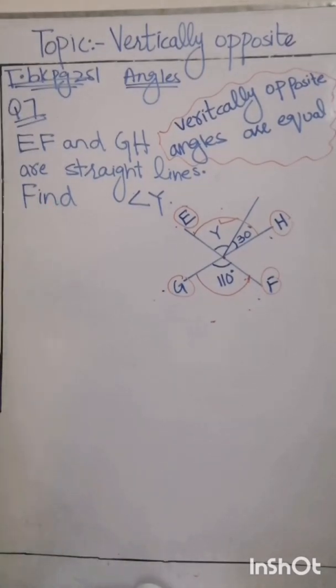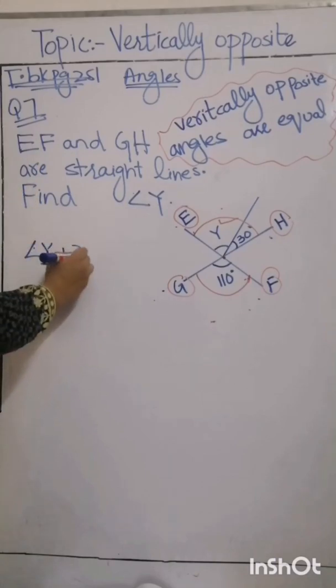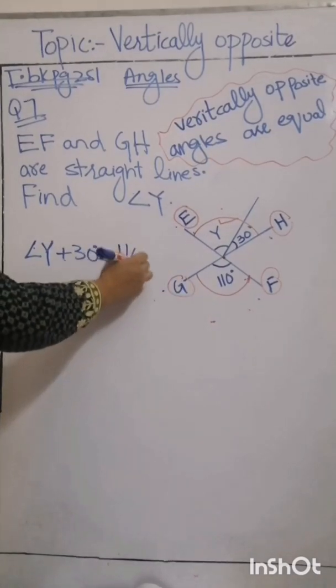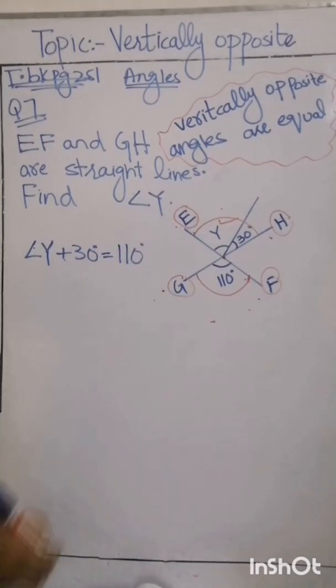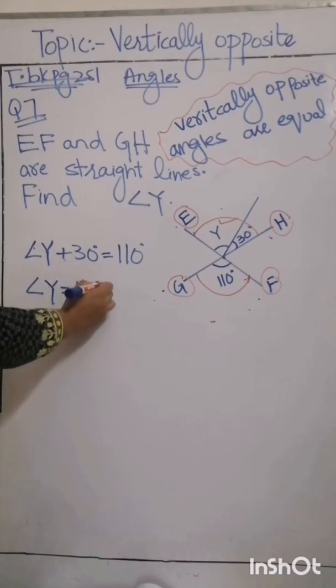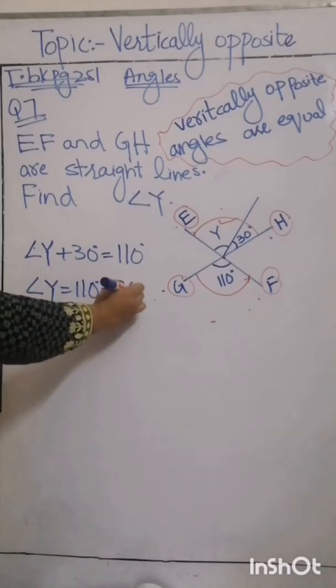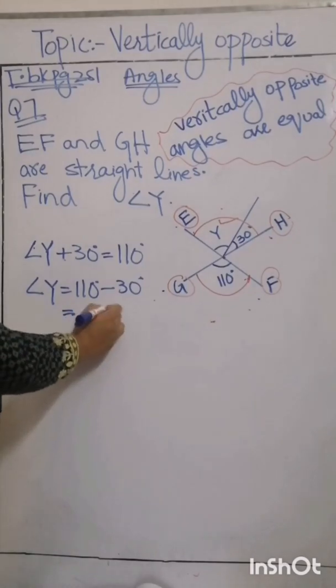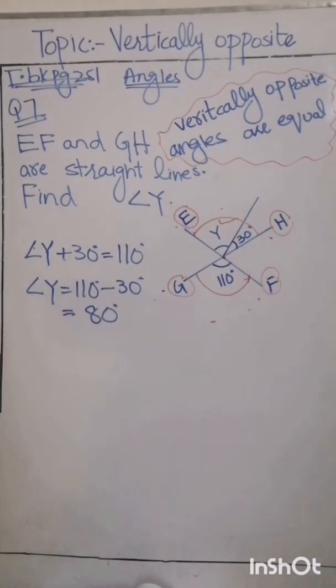So angle Y plus 30 degrees is equal to 110 degrees. Angle Y is equal to 110 degrees minus 30 degrees, which is 80 degrees. So angle Y is equal to 80 degrees.